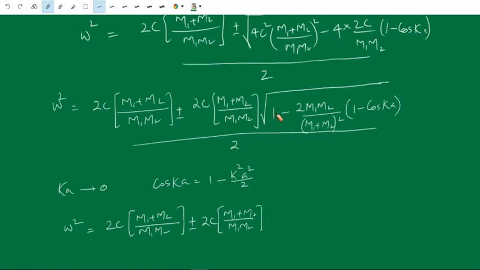Using Taylor expansion, we can write this as 1 minus x whole raised to half, that is 1 minus 1 by 2 nx. So it will be 1 minus 1 by 2 into 2 m1 m2 divided by m1 plus m2 whole square into 1 minus cos ka.